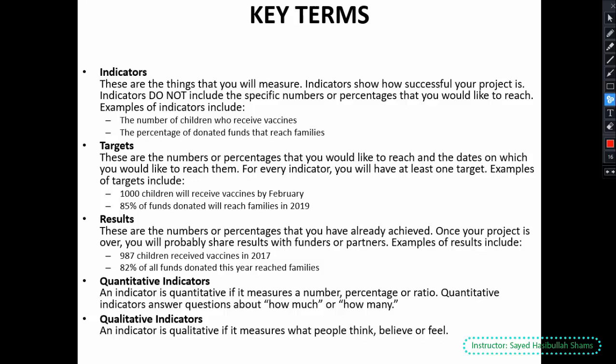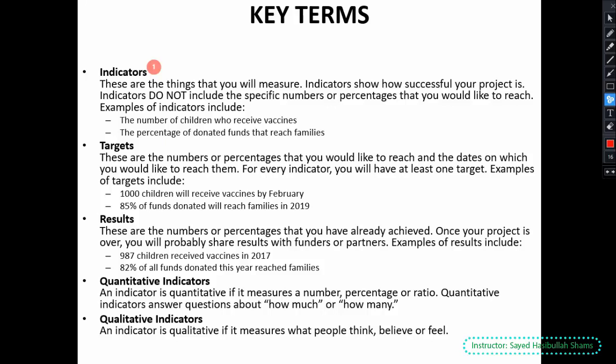One indicator is the number of children who receive vaccines, which is an indicator in the health sector. The second indicator is the percentage of donated funds that reach families.